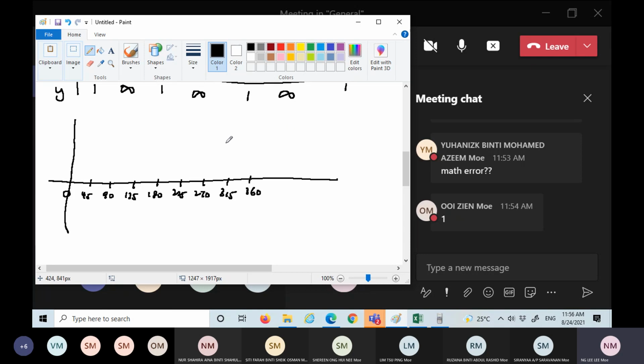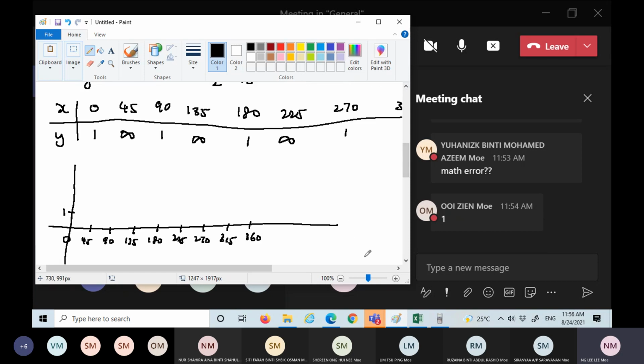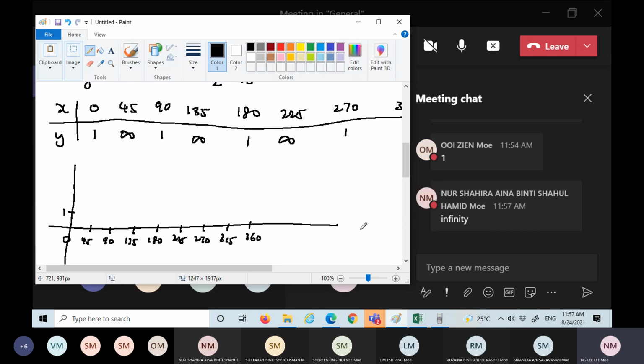Okay, so you only have 1 and then infinity. Okay, so I mark here 1. Even you see the pattern also, you can guess actually. Okay, infinity. Okay, so 315 is infinity.